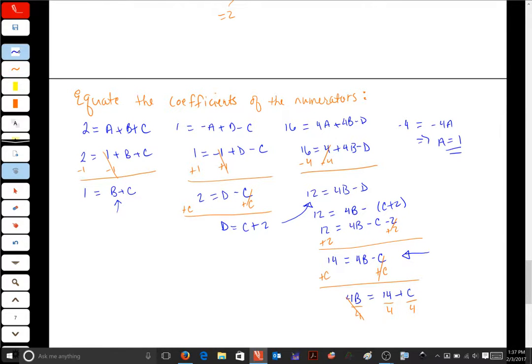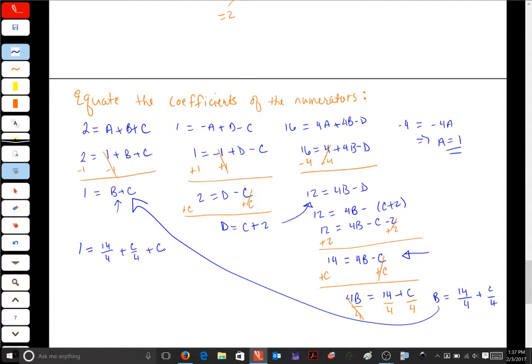And you're going to have b is equal to 14 over 4 plus c over 4. Now I'm going to take that and plug it in over here for b. So I have 1 is equal to 14 over 4 plus c over 4 plus c.